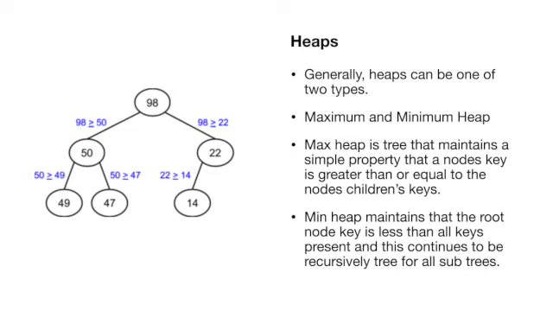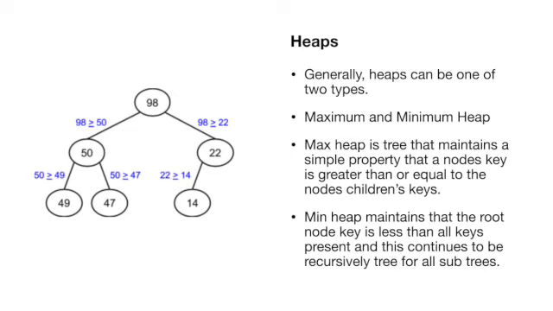So we know that the properties of this max heap binary tree are true so far. If we move down on the left side, 50 is greater than or equal to 49, and it is also greater than or equal to 47. On the right side, we see that the node 22 on the first level is greater than or equal to 14. So we know that this is a binary tree with the max heap property applied.